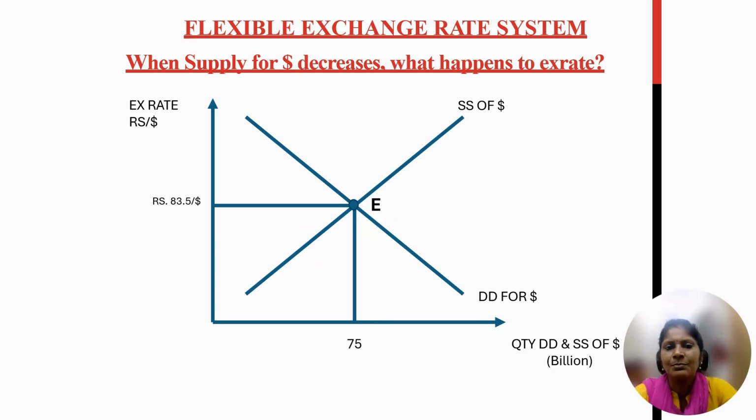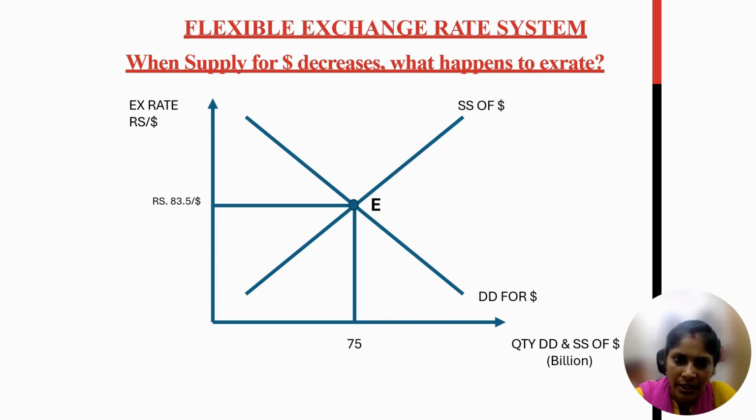Next slide, we explain the changes in the supply for dollar. What will happen to the exchange rate? So in this case, whenever there is a decrease in supply of dollar, what will happen to the exchange rate? So here the existing equilibrium at point E, at the existing demand for dollar and supply of dollar.